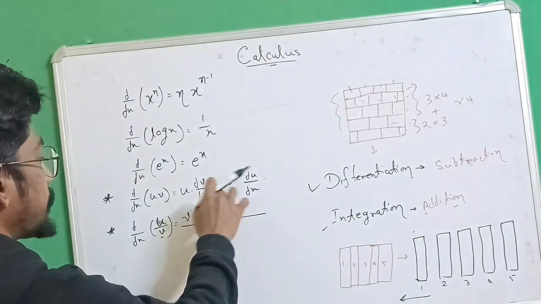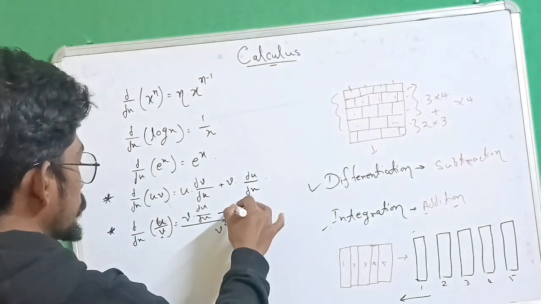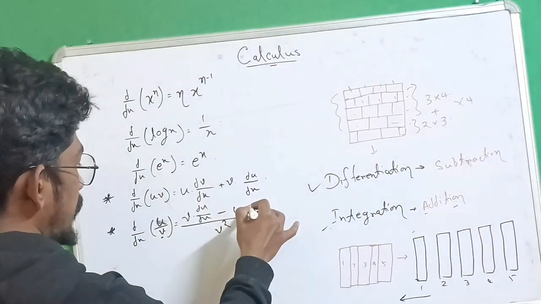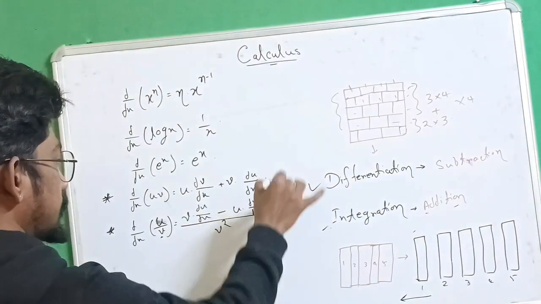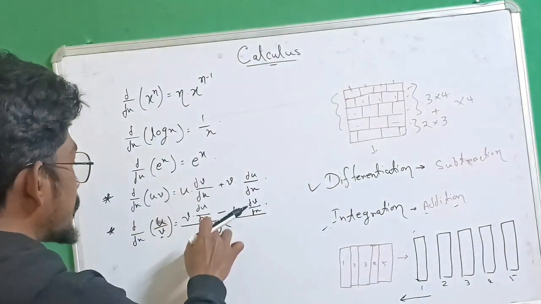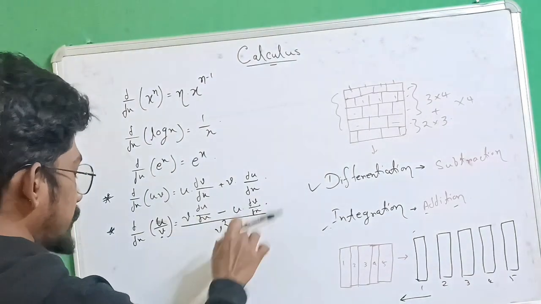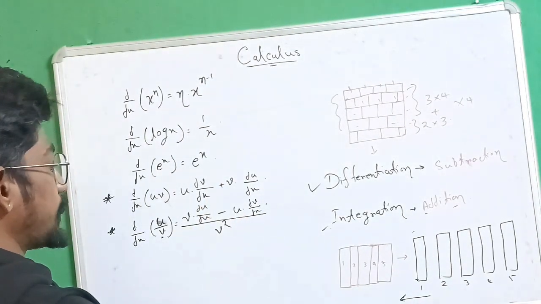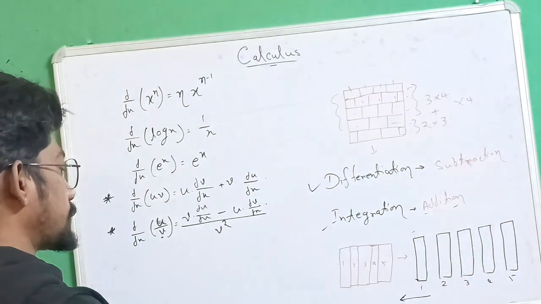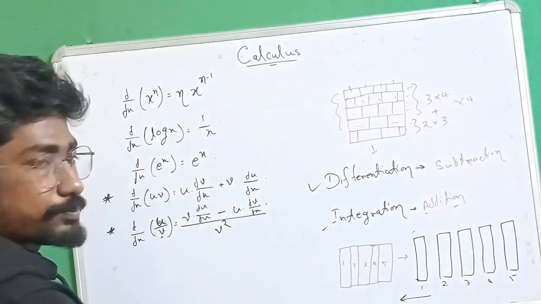In case of multiplication, there is a positive, an addition sign. Then take out u, and then dv by dx. Just reverse. Here u dv by dx, there v du by dx first. The main difference here is that there is a square of the denominator at the denominator of the differentiated part. This you have to remember.